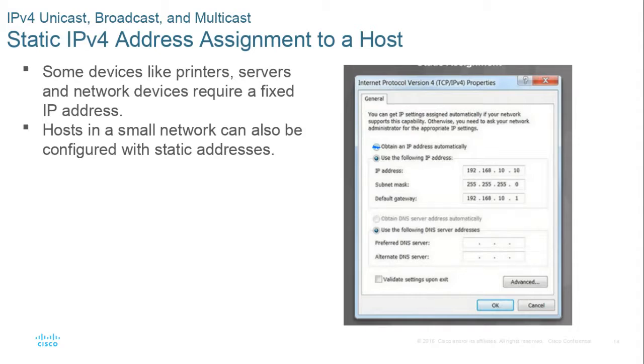Most devices will automatically get a DHCP dynamic address: employee workstations, home workstations. Some devices typically need a fixed, static address. Servers, printers, network devices like routers and switches, we give them fixed static addresses.